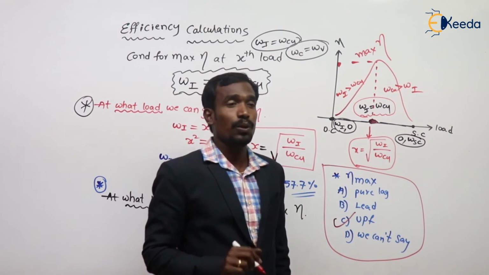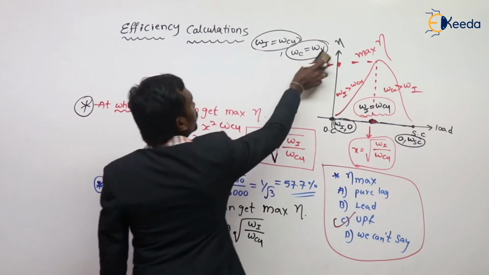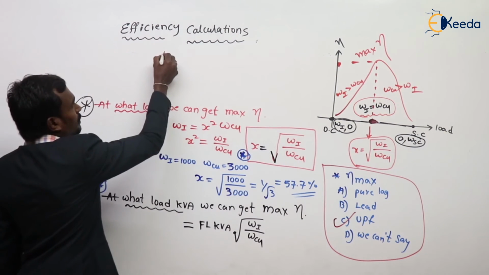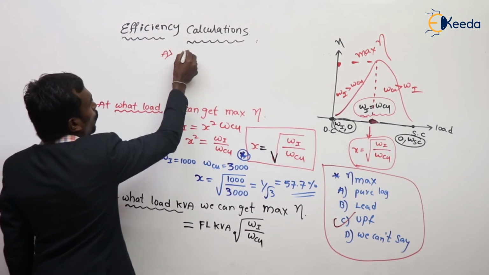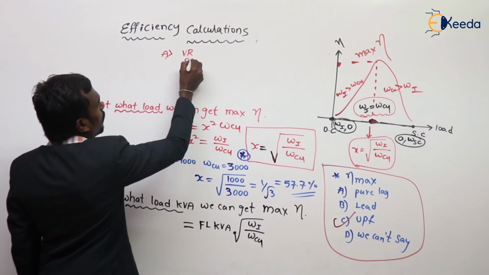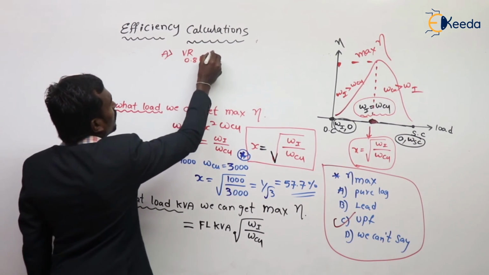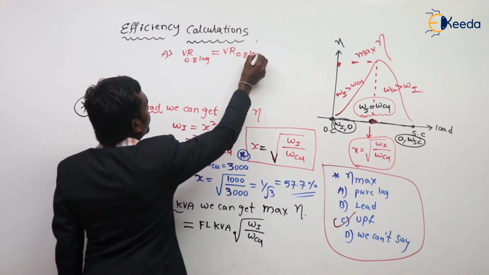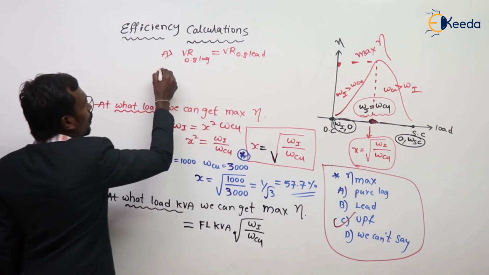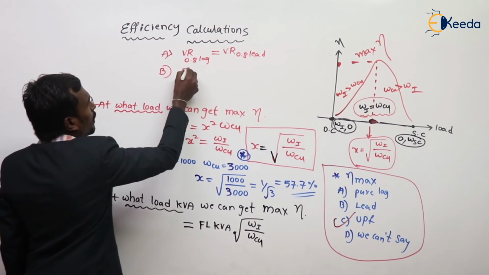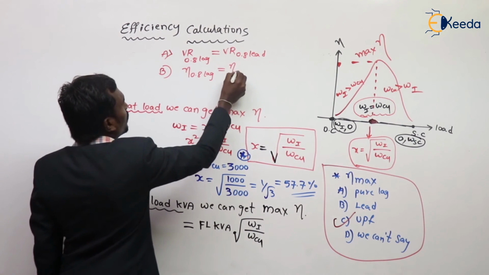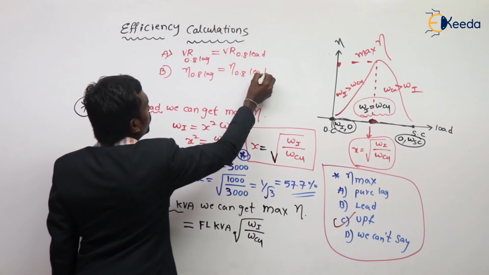Now, a very tricky question. Which of the following is the correct answer? Option A, voltage regulation at 0.8 lagging equals voltage regulation at 0.8 leading. Option B, efficiency at 0.8 lagging equals efficiency at 0.8 leading.